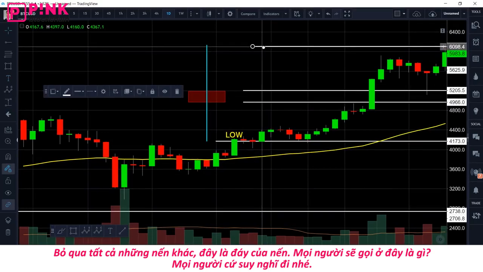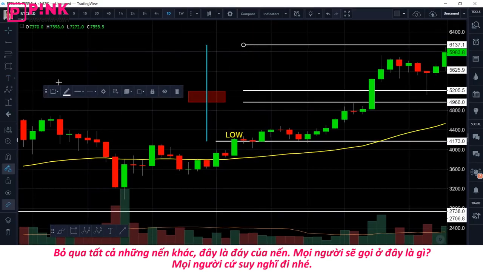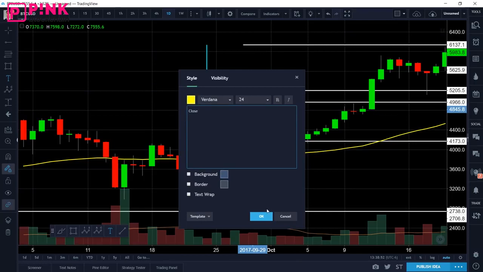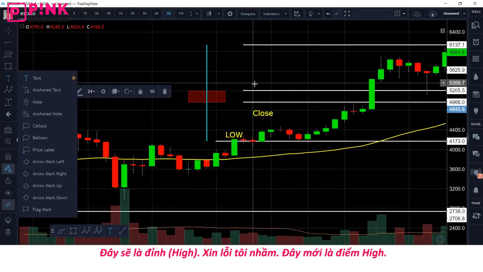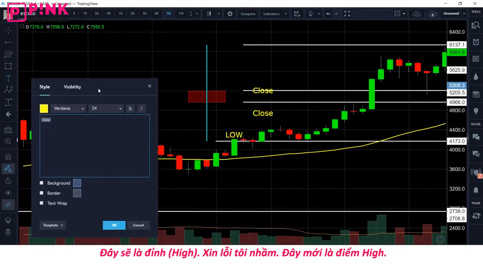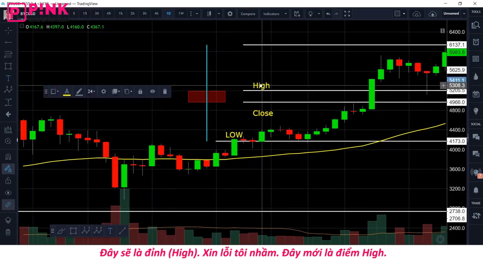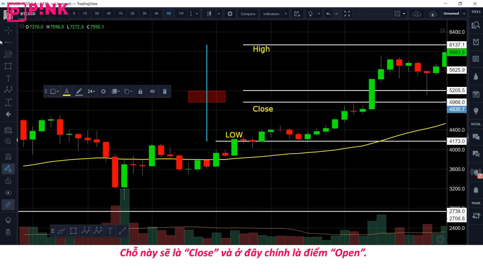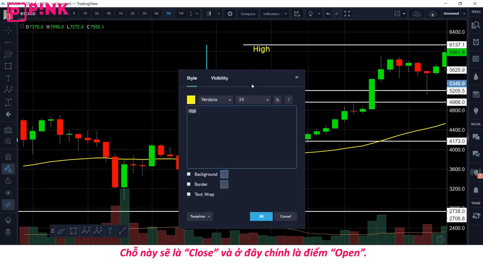I'm gonna give you guys 5 seconds to answer while I actually annotate here. So this one would be the close, right? This one here would be the high. Sorry, this one is the high. This is the close. And this one right here is the open.